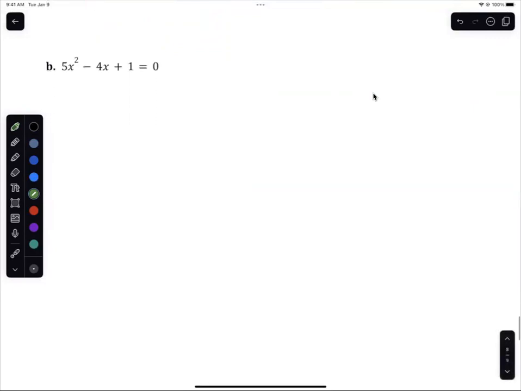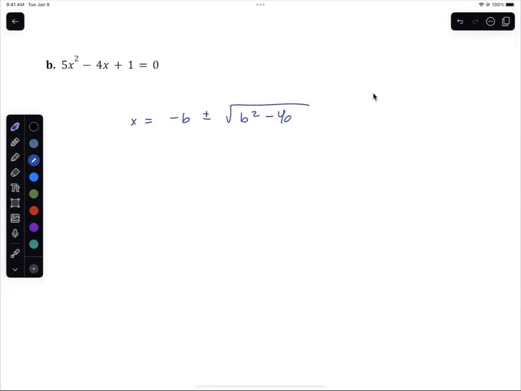For B, okay, since it's telling us already that there's complex solutions, you could try to factor this, but unfortunately this won't factor. So that means that we need to do quadratic formula. So x is equal to negative b plus or minus the square root of b squared minus 4ac all over 2a.